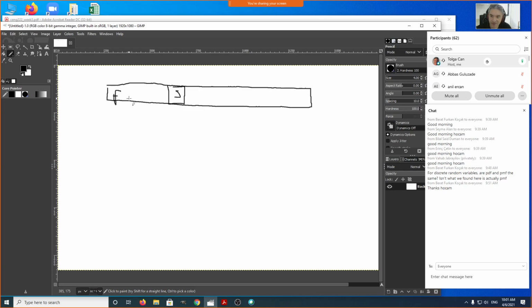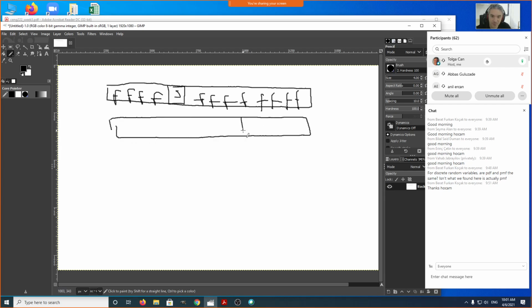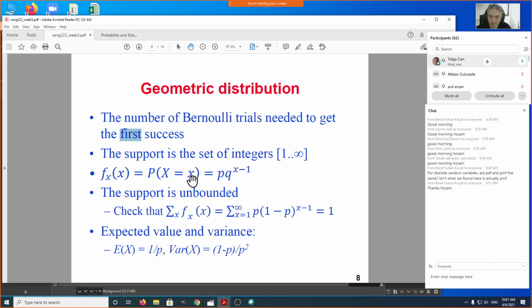Let's write the failures and success. Failure, failure, failure, failure, and one success. So this success actually could be in different places, right? The success could be here. The success could be here. Why don't we have the combinatorics in this PMF?